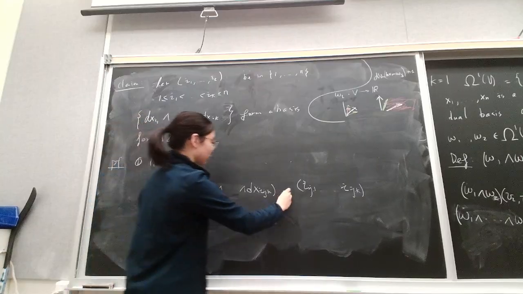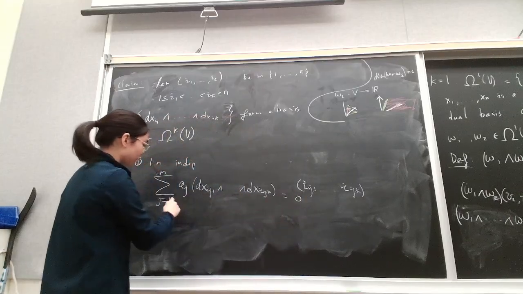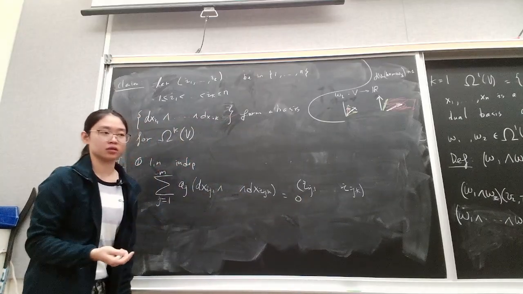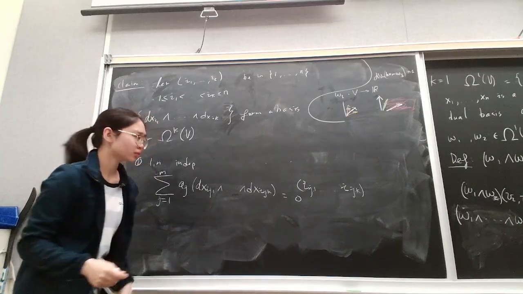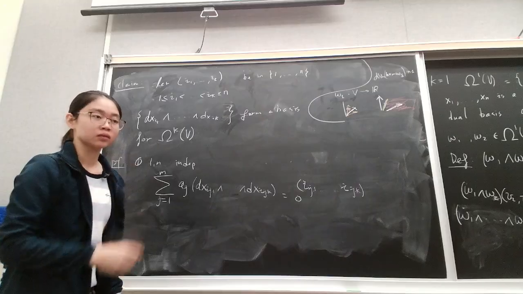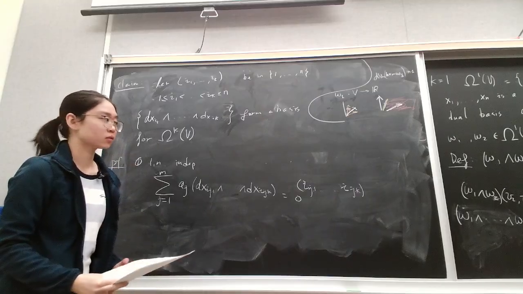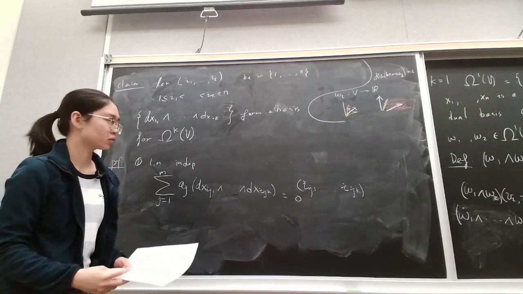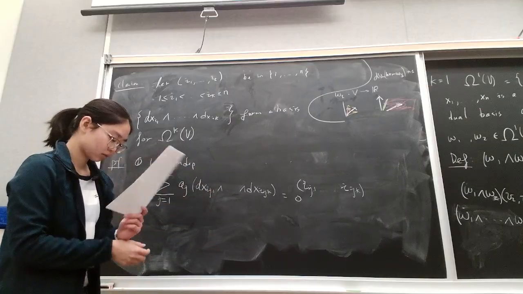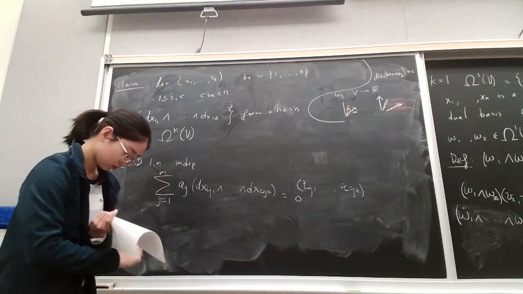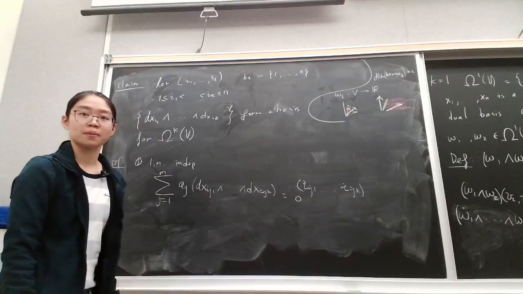So we set it equal to 0 and show that this implies that for all j, aj is equal to 0. Notice that when we say that this whole thing equals 0, this means that if I were to add all of these up, the function that I get will be identically 0 on any set of k vectors I plug into it.